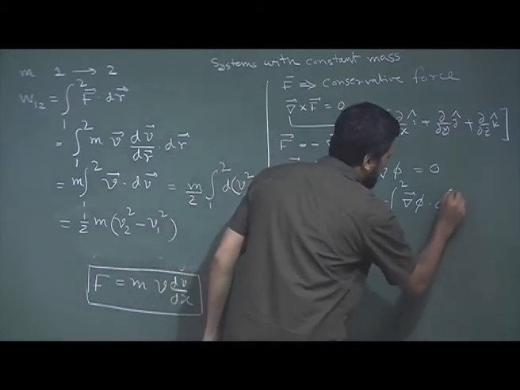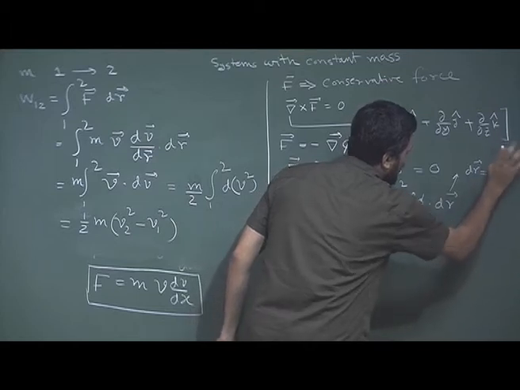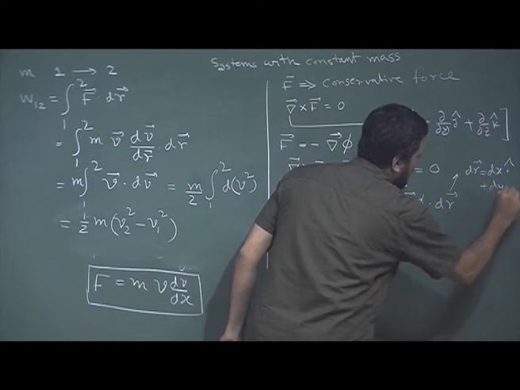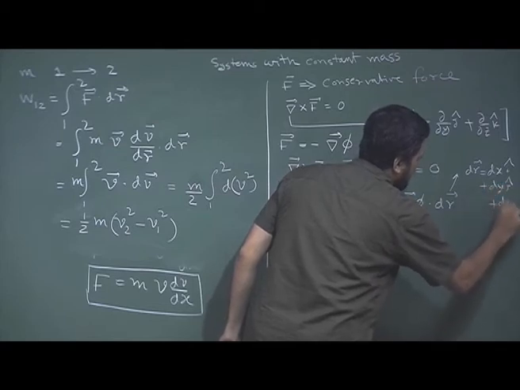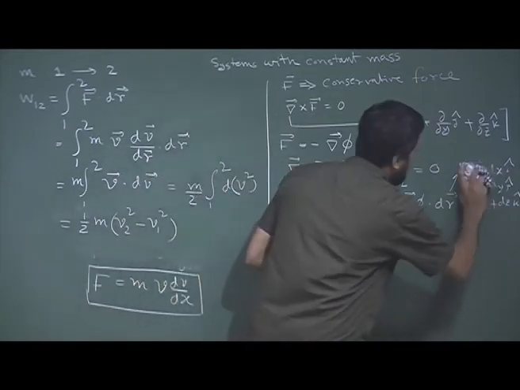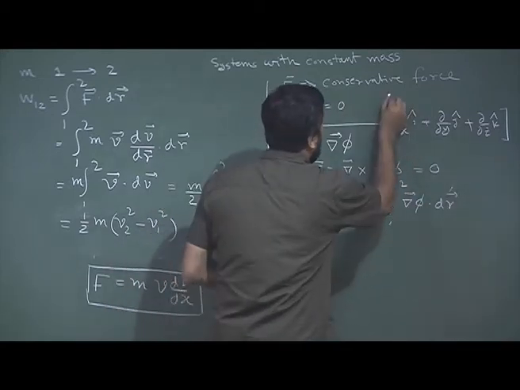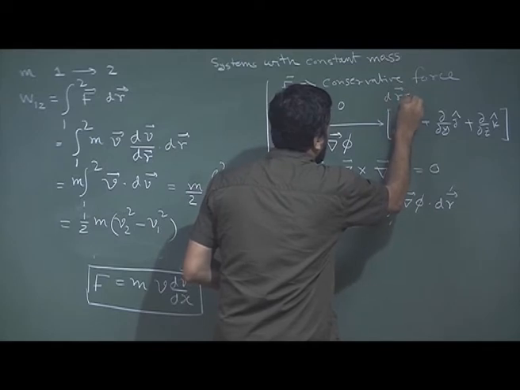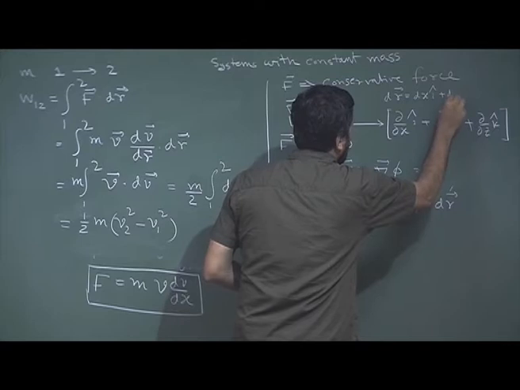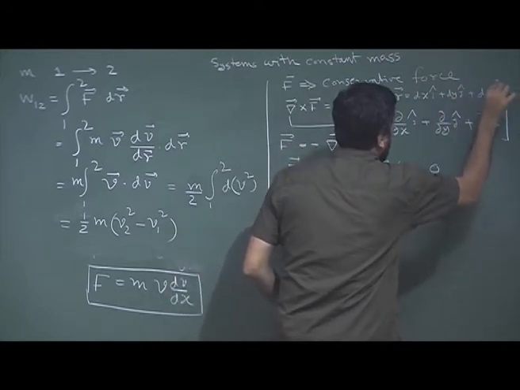So, dr has this general form: dr equal to dx i cap plus dy j cap plus dz k cap.